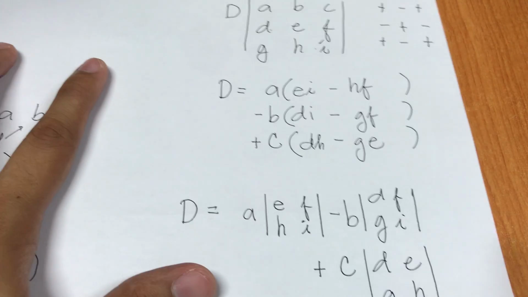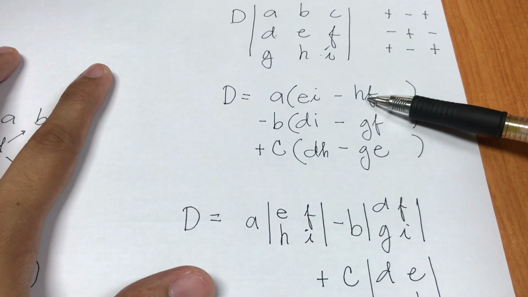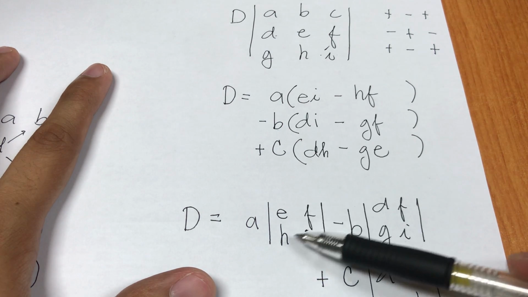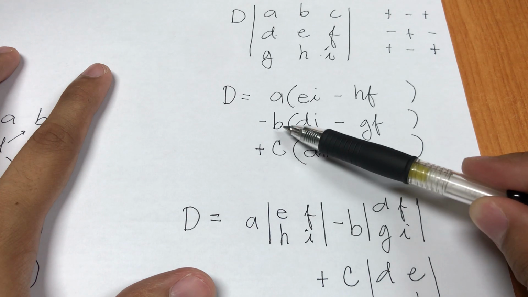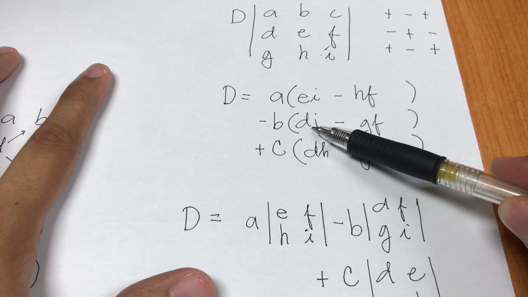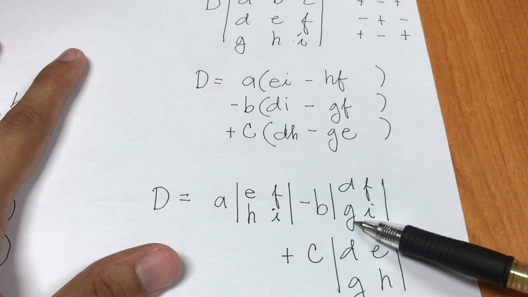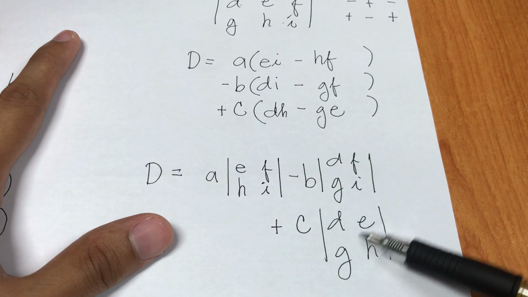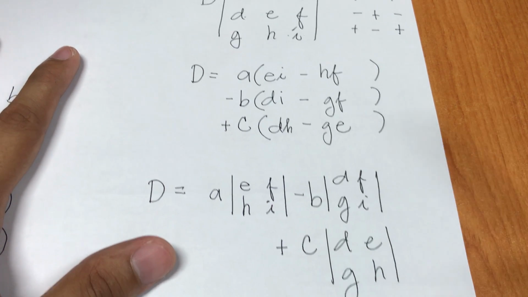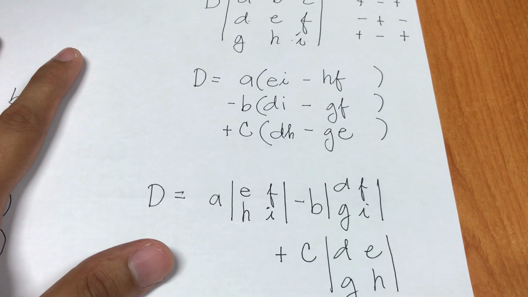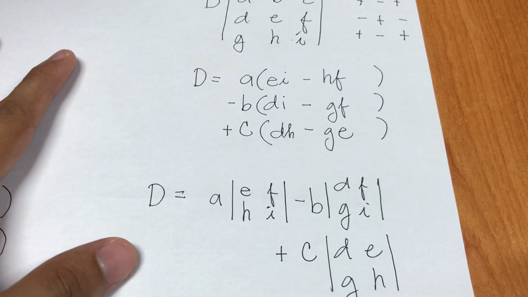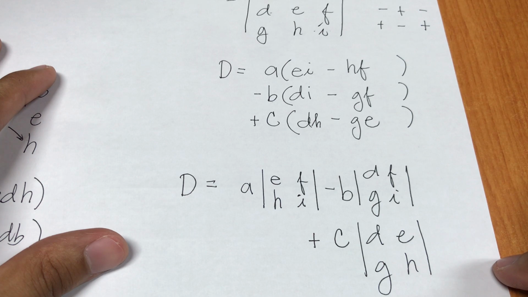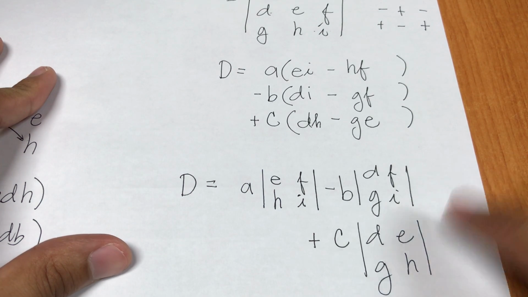Okay, yan na. That's why, A times determinant E, I, H, F. Minus B times determinant D, I, G, F. Plus C times determinant D, H, G, E. Okay? So this is how we solve generally. So we solve n by n linear equations. So if 4 by 4 siya, the same gyapon, iyan gyapon nga pamaagi.